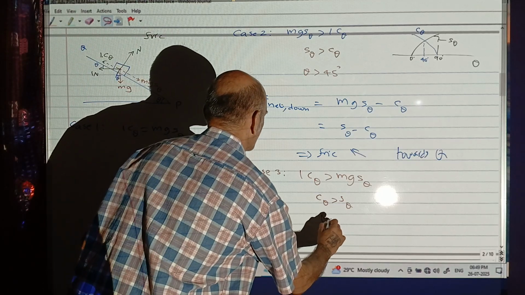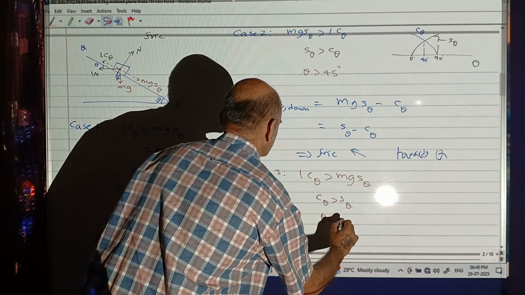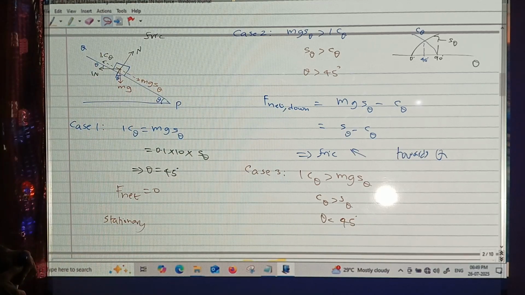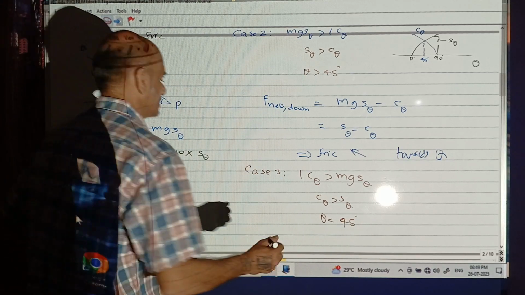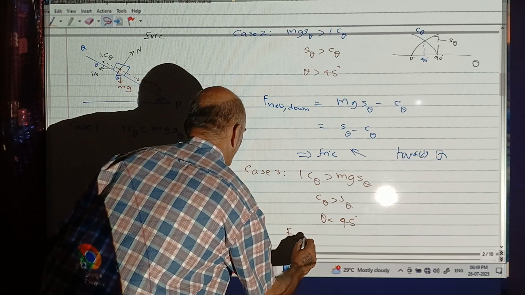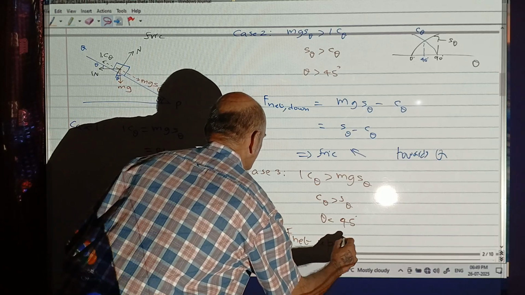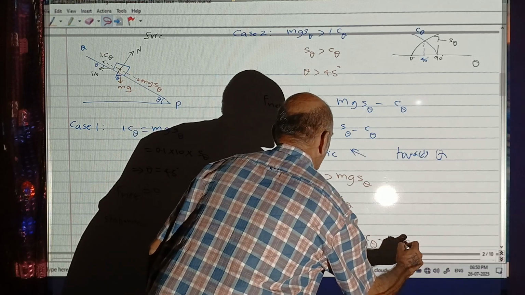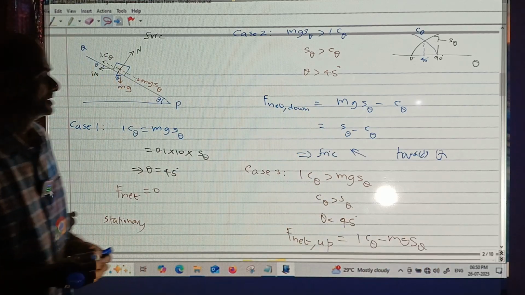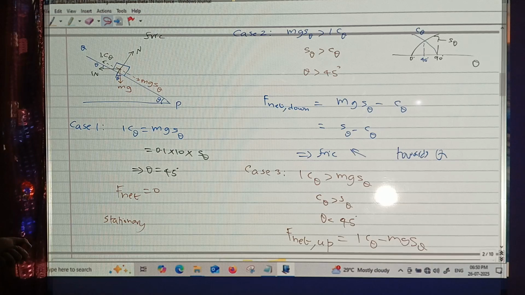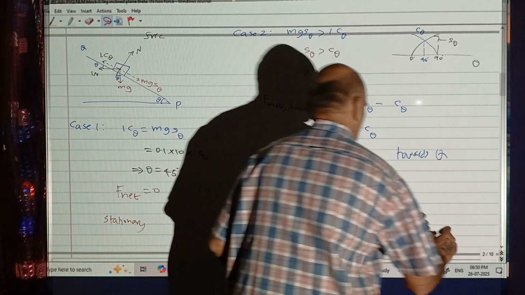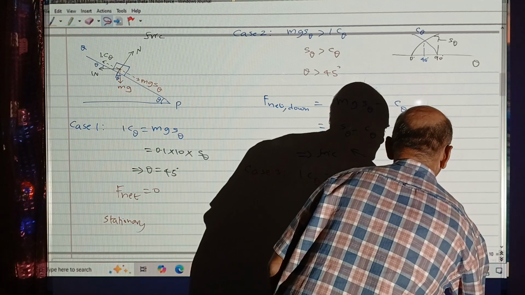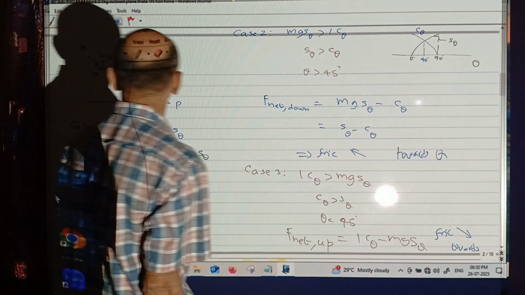So theta is less than 45 and greater than 0, that's obvious. So in this case, there is a net force in the upward direction, which is equal to 1 cos theta minus mg sin theta. Since there is a net force in the upward direction, friction force will be down the plane, that's towards P.